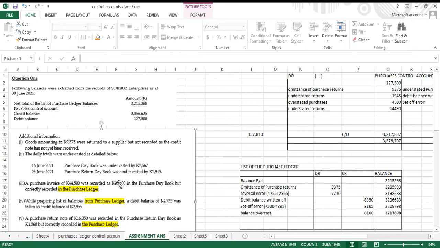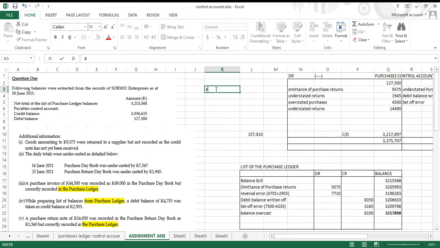It's been put as 49,000, but it's supposed to be 44,500. All right. So let's see how much it's been overstated by. So you say 49,500 minus 44,500.